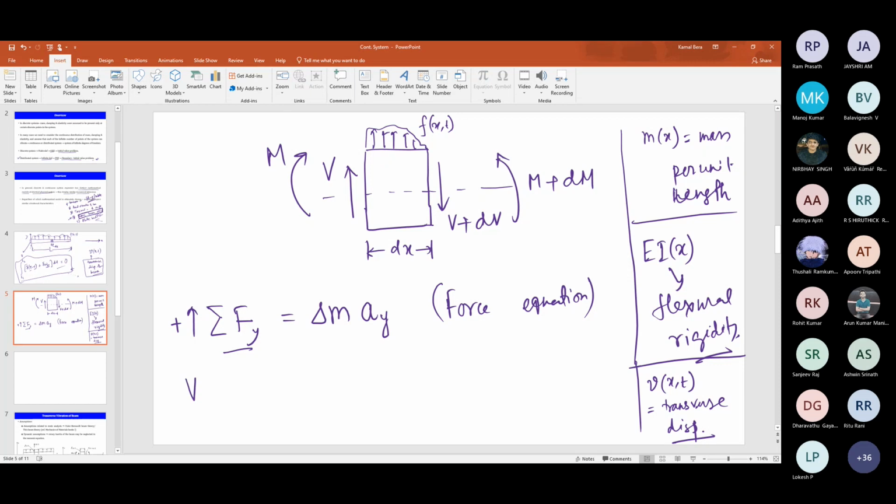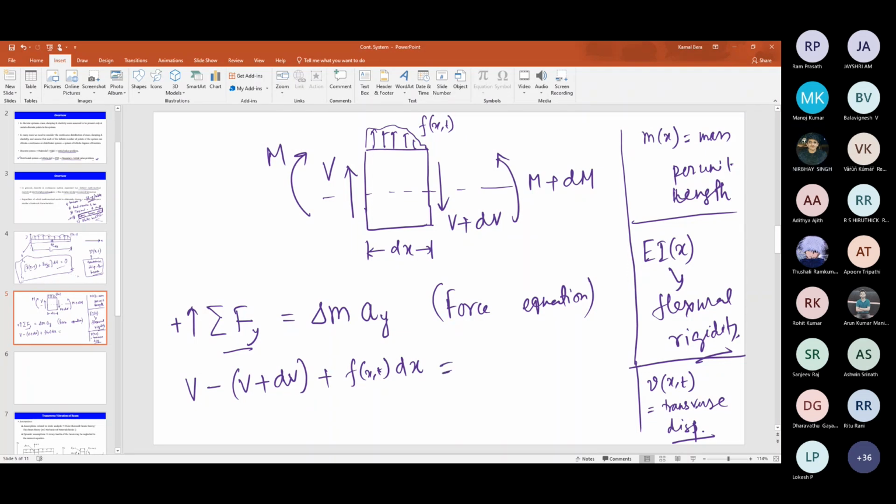Positive V minus V plus dV. Then what are the forces? f(x,t) into dx. Any other force? Any other force?